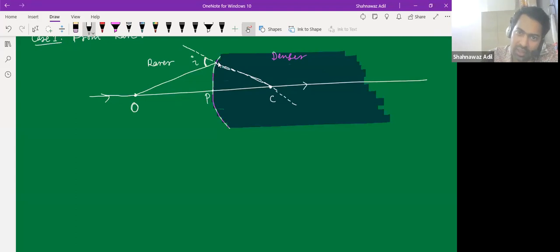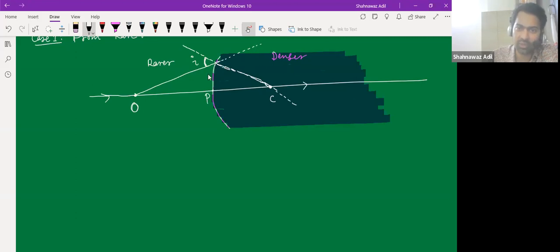This is the actual path, right? This is the normal. So then light will go towards the normal or away from the normal. Yeah, nearer to denser. This is the path.